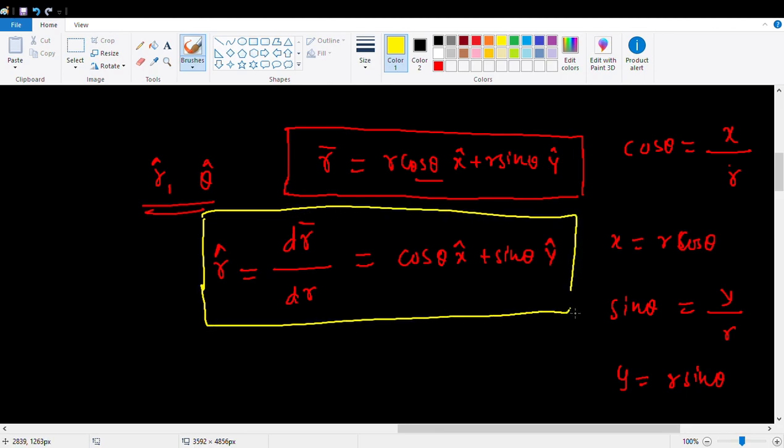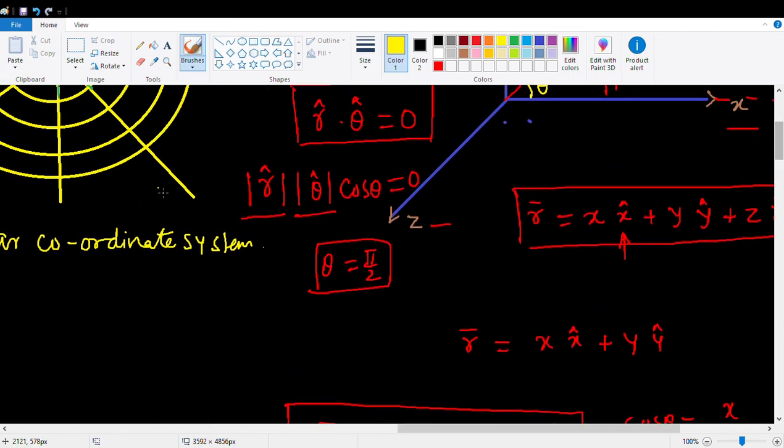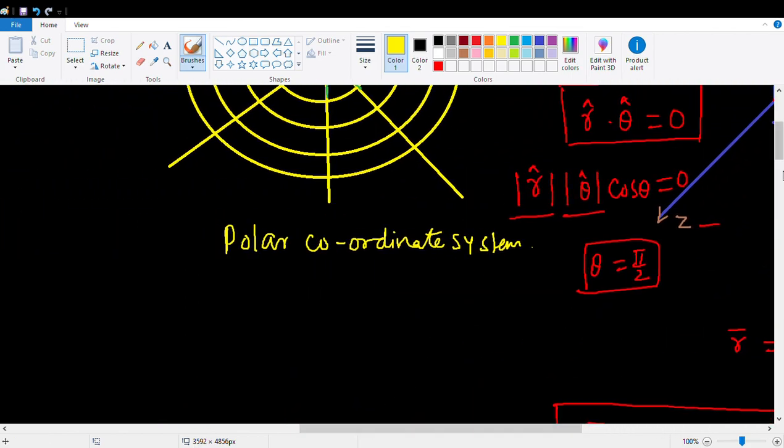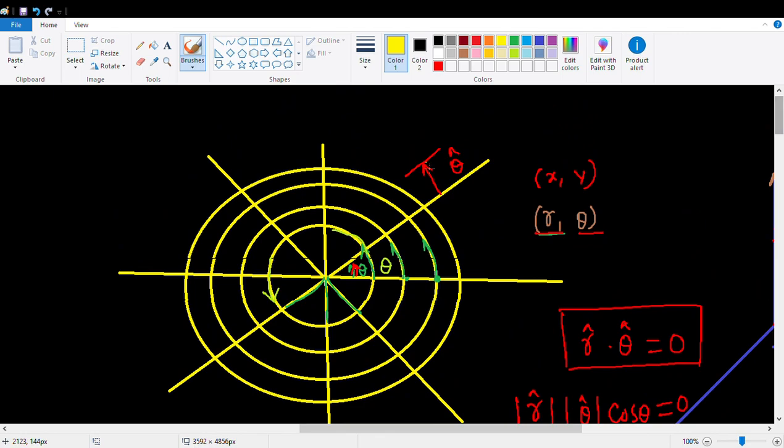Now proceeding with this, what happens to theta hat? How is it going to give me the theta hat? Here you can see that r hat is in this direction, and theta hat is in this direction.